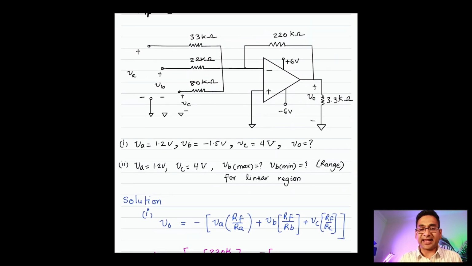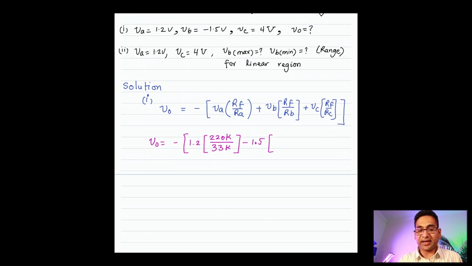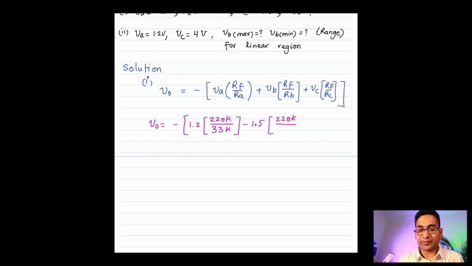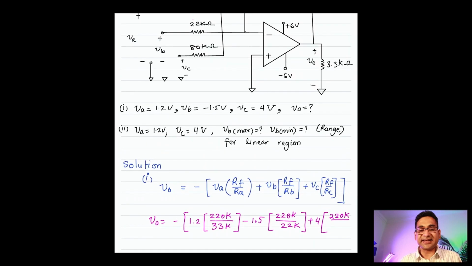RF is again 220 kilo, divided by RB. RB is 22 kilo, plus VC, which is given to be 4 volts, times RF, 220K, over RC.